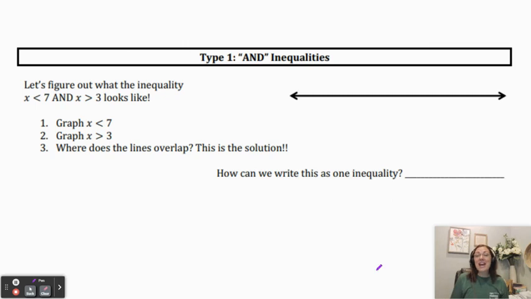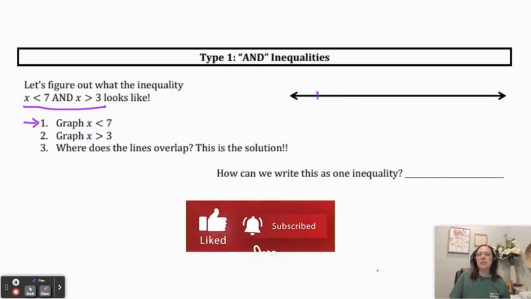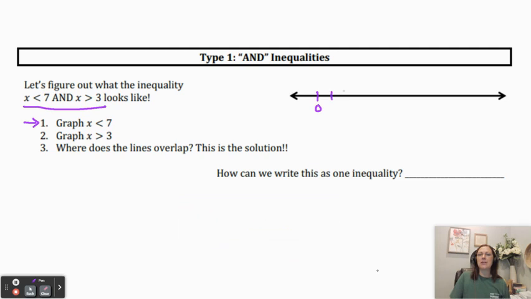We'll look first at the and inequalities. So when we have an and inequality, something like x is less than 7 and x is greater than 3, the first thing we want to do is to graph x is less than 7. So we'll put some numbers on this number line. I'll just put 0 here.